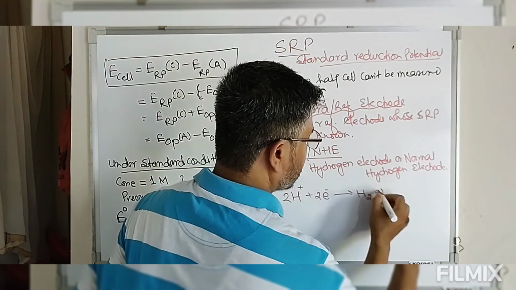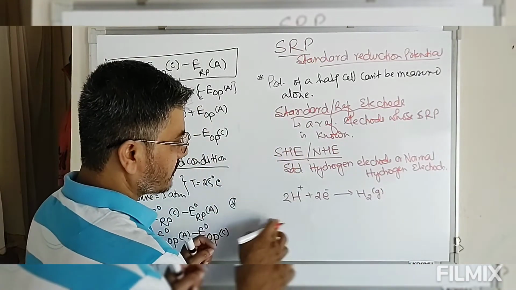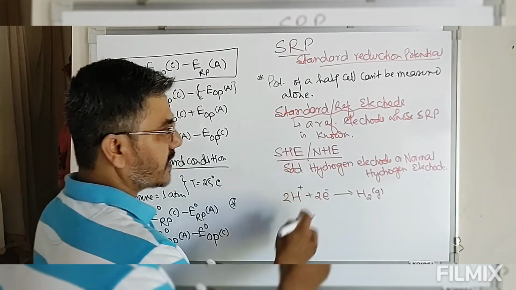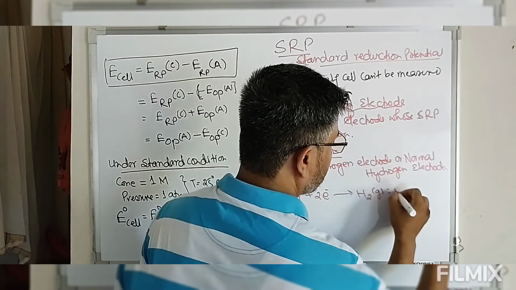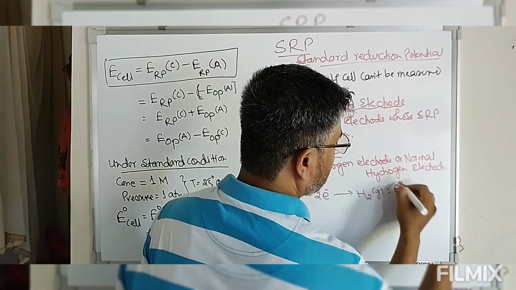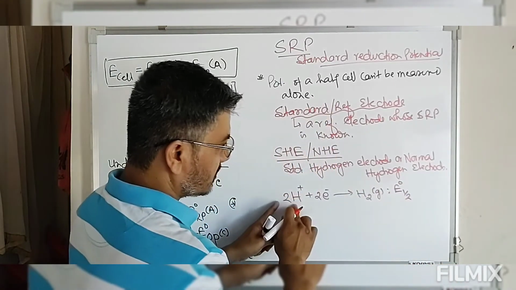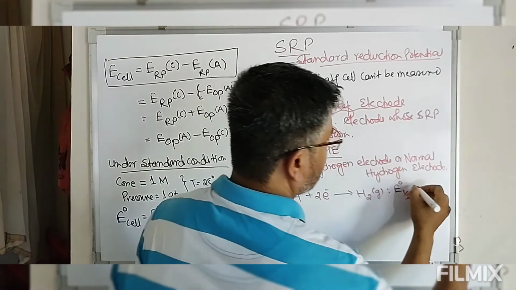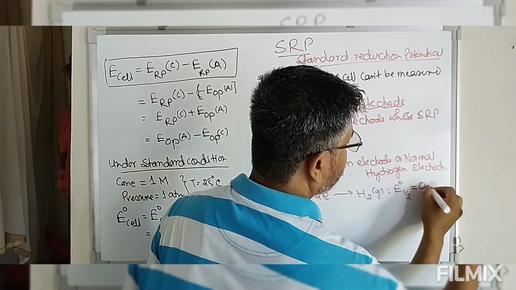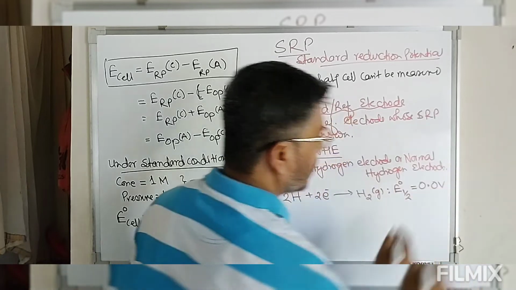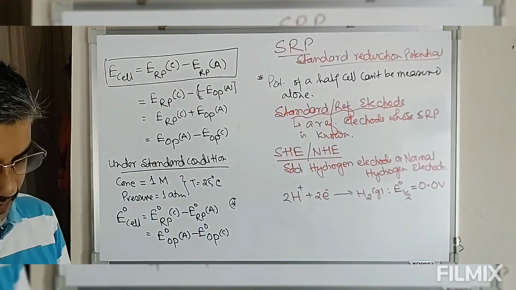So under this standard condition, the potential for this standard hydrogen electrode, that is E naught half cell, the reduction potential, is arbitrarily assigned a value of 0.0 volt.